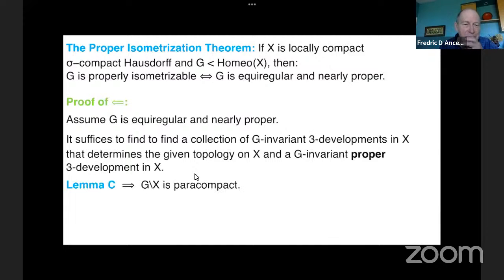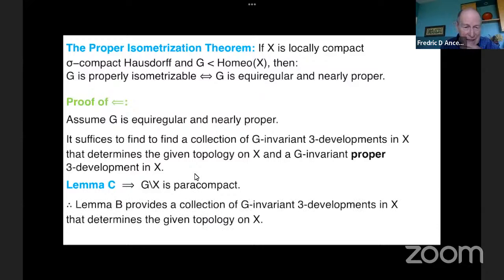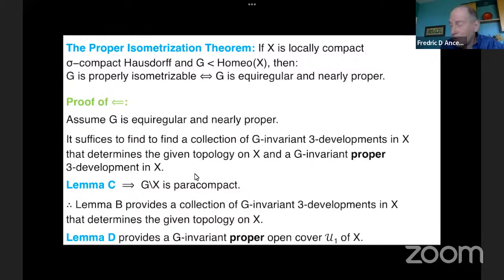And then, well, lemma C tells you that the orbit space is paracompact, which is the condition you needed to create the non-proper collection of developments. And so that's what this is saying, that once you get the orbit space paracompact, you're in a situation to carry out the previous proof idea. And then lemma D gives you a G invariant proper open cover.